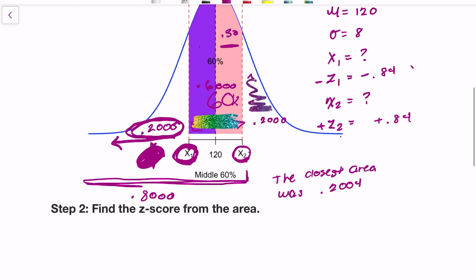Let's look at our formula. My z-score formula looks like this. I'm going to solve for the x because that's what I'm interested in, x1 and x2. I have everything. I have the z-score, I have the sigma, I have the mu. I'm looking for the x's here. So I multiply both sides by sigma.